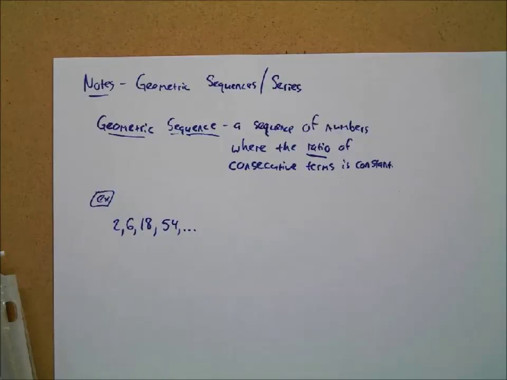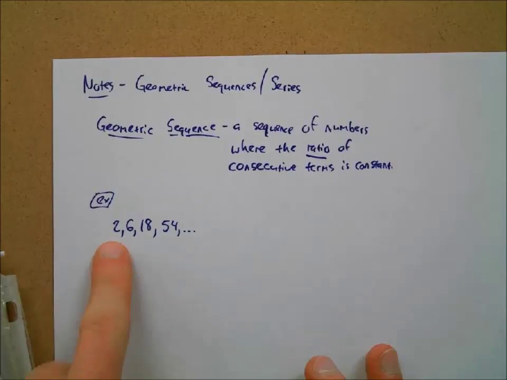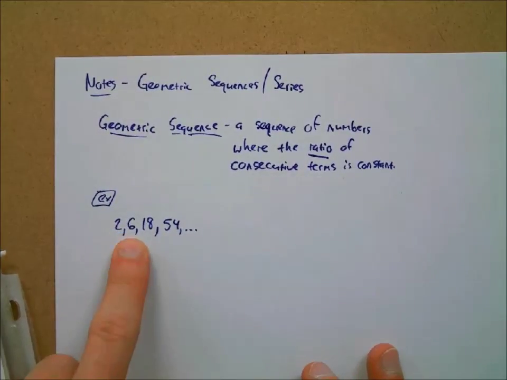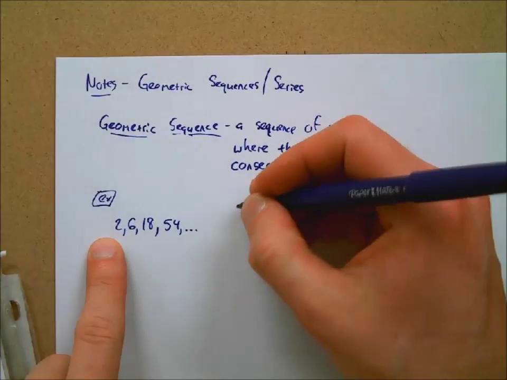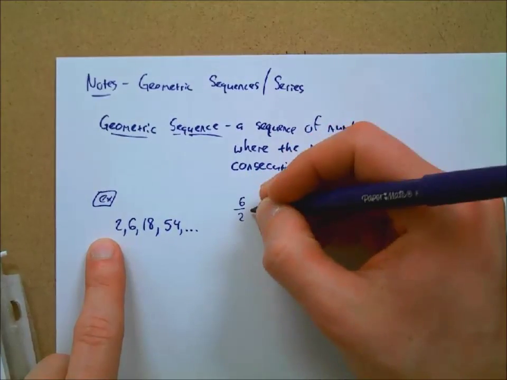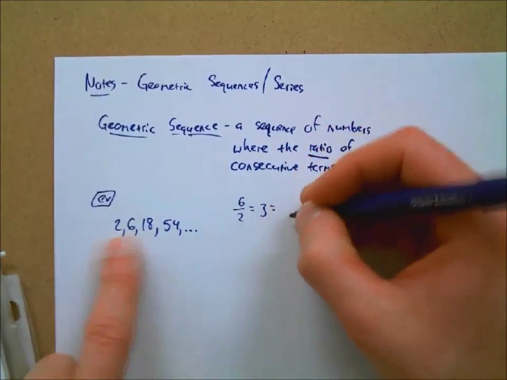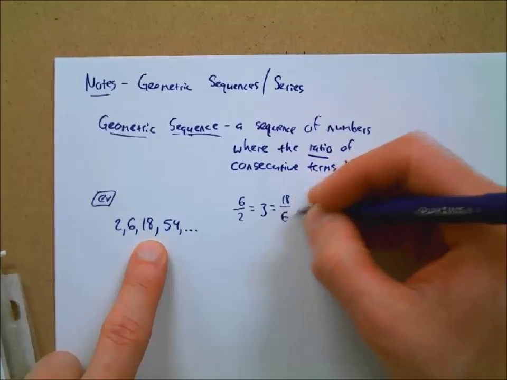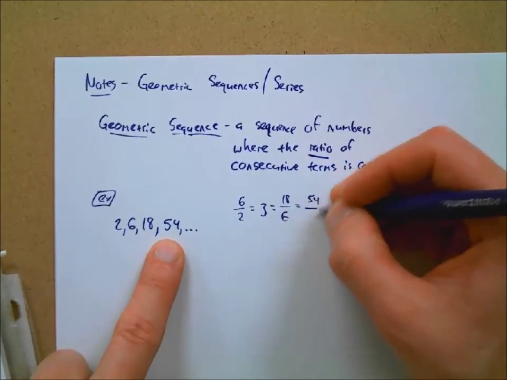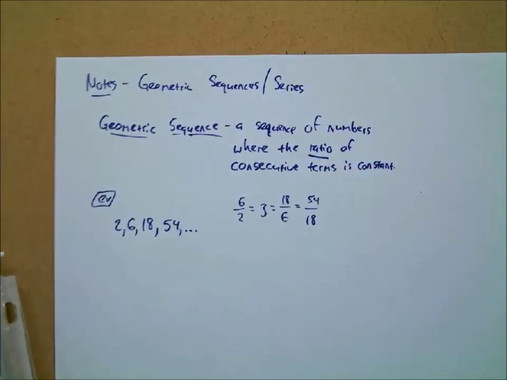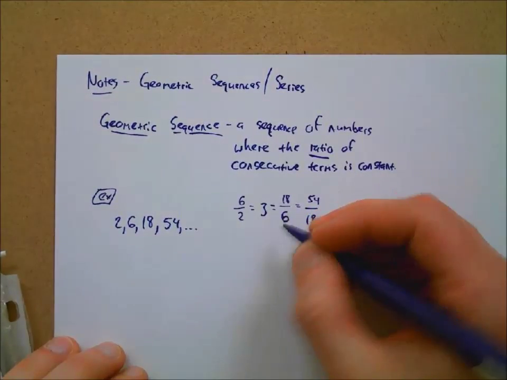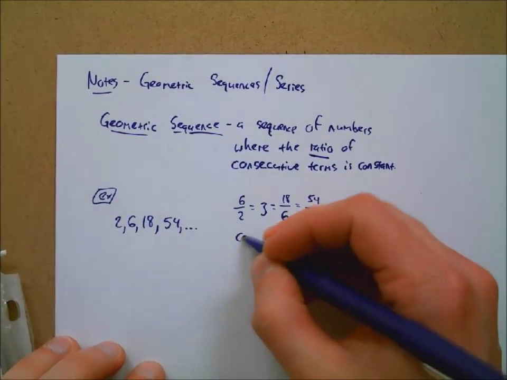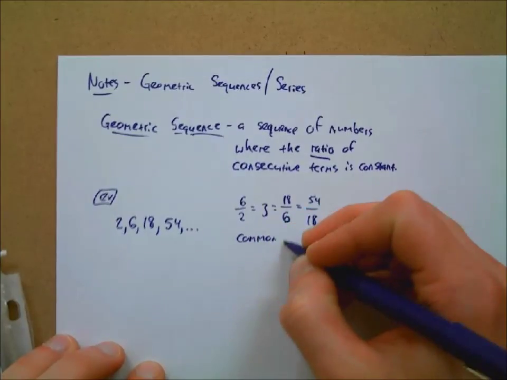So what's the ratio here between the next term and the previous term? So the common ratio is 6 over 2, which is 3, which is also equal to 18 over 6, which is also equal to 54 over 18, right? So you see you take the next term divided by the previous term, and you get that common ratio of 3. So the common ratio then we have is 3.